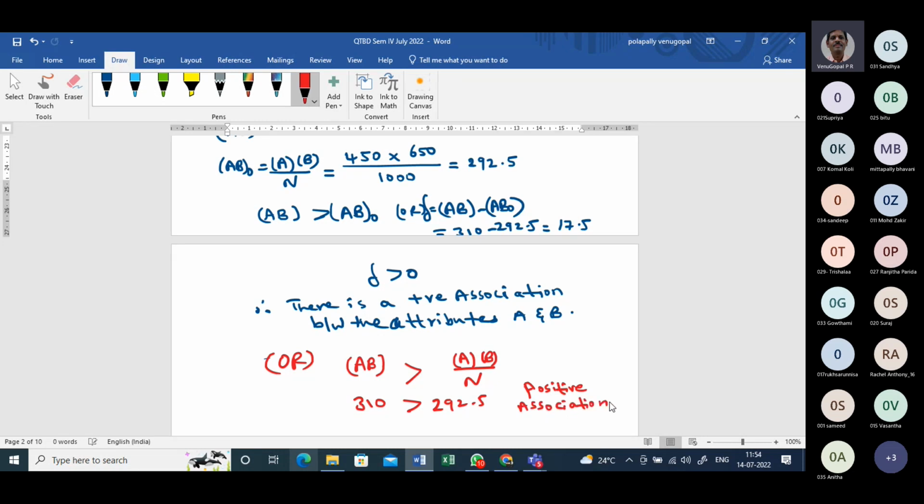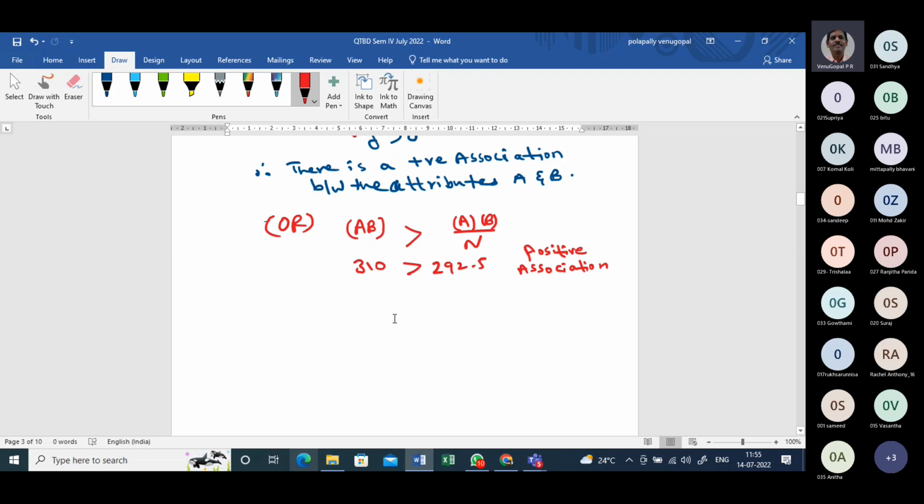Some people use delta, bringing AB naught into the picture. Some people don't bring AB naught and directly do this. Is that okay, children? Anything is okay.